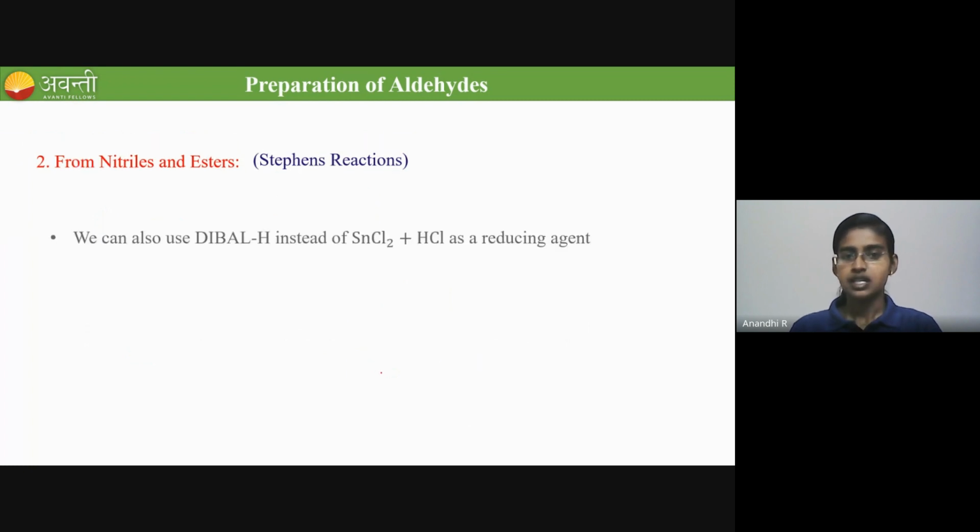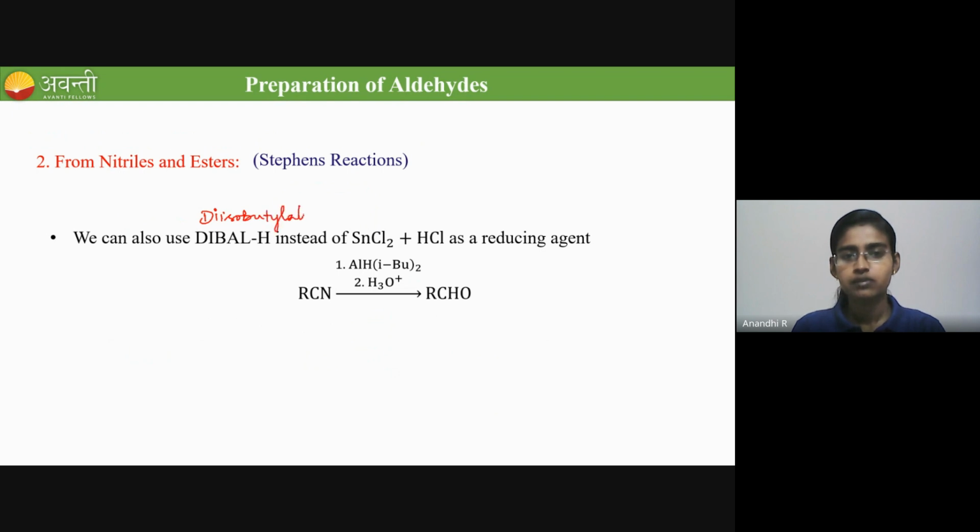Now let's see an example. Before moving on to the example, we can also use DIBAL-H instead of this tin chloride and HCl as a reducing agent. So what is DIBAL-H? DIBAL-H is diisobutyl aluminum hydride.